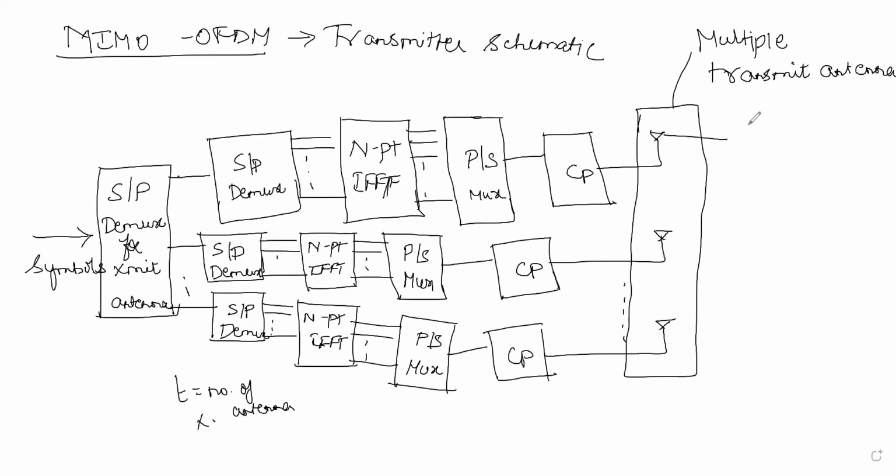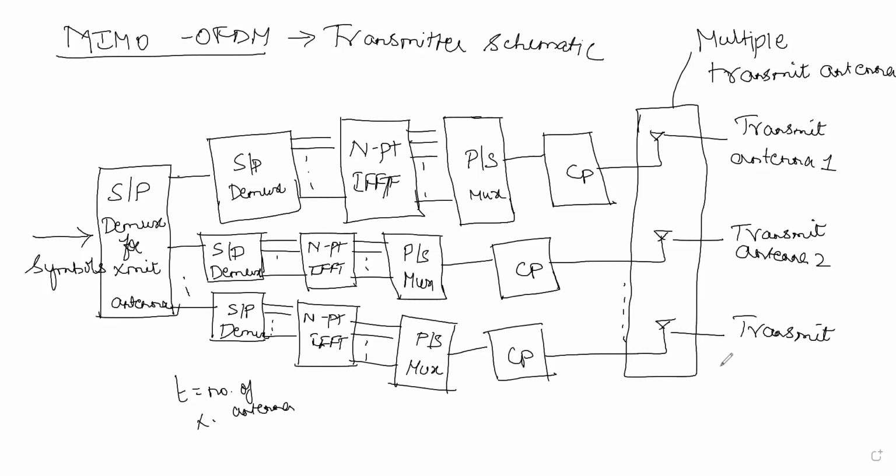So this is transmit antenna 1, this is transmit antenna 2, and similarly this will be the transmit antenna T. So this is the transmitter schematic for MIMO OFDM. We are combining the MIMO technology with the OFDM technology.